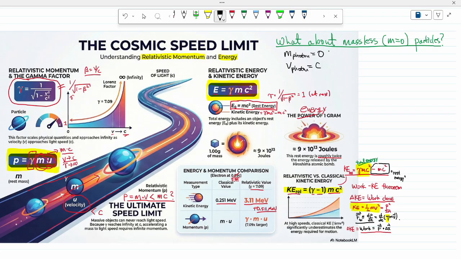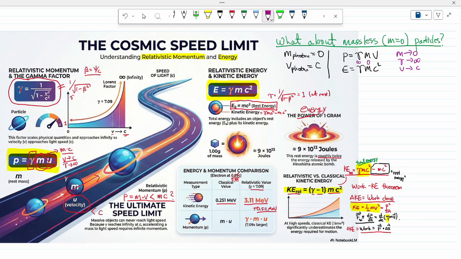For massless particles, you might look at expressions like p equals gamma mv and E equals gamma mc squared, and all these expressions break down because as m goes to 0, gamma is going to infinity. v going to c isn't really a problem, that's a finite number, but if you have something like infinity times 0, that's mathematically challenging.